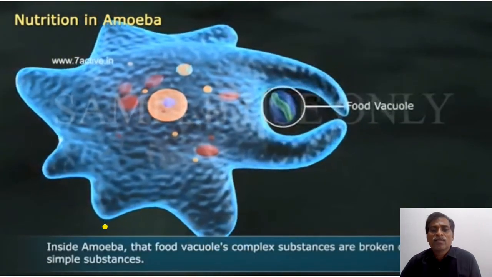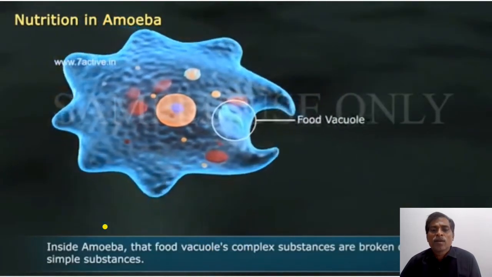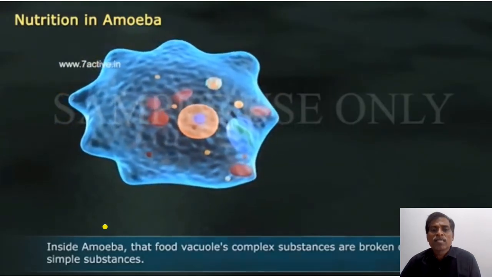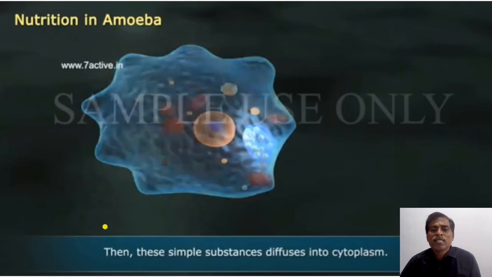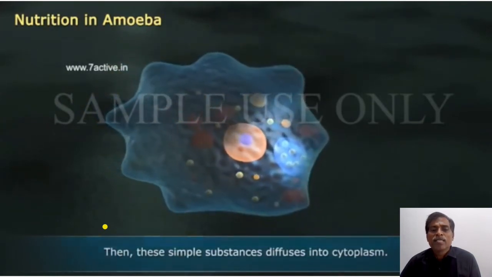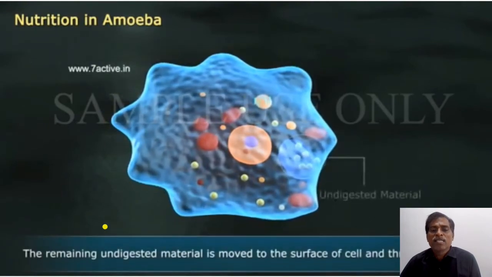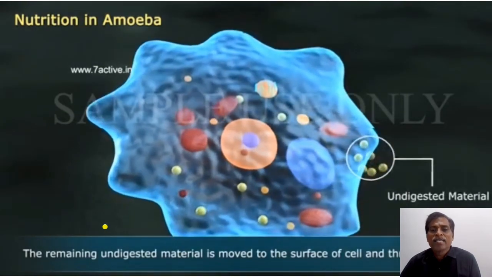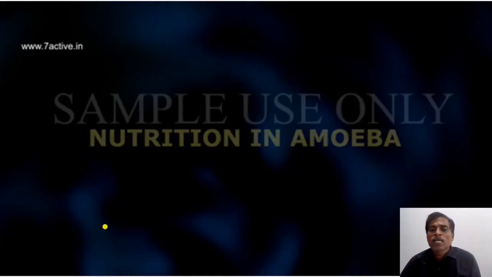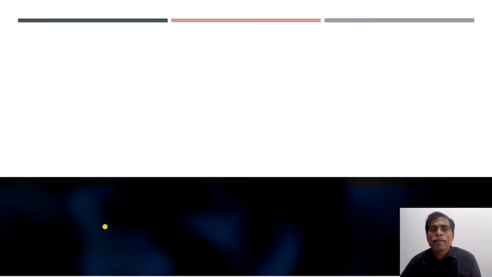A food vacuole is formed. Now the complex food substances are digested into simple ones with the help of enzymes. These substances are diffused into the cytoplasm. Undigested food substances are sent out from the cytoplasm through the cell membrane.